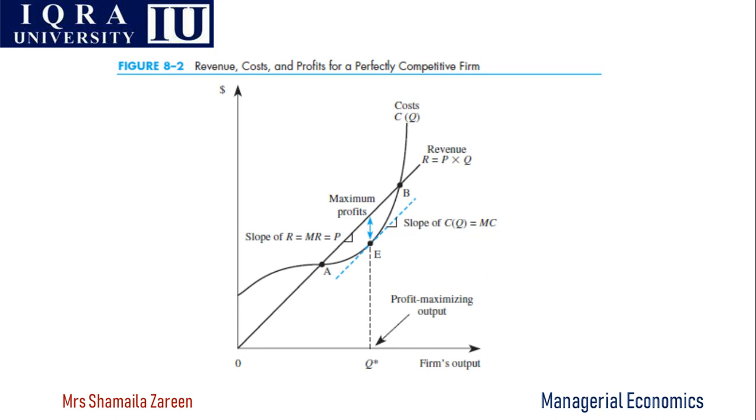Recall that the slope of the cost curve is marginal cost and the slope of the revenue line is marginal revenue. Therefore, the profit maximizing output is the output at which marginal revenue equals marginal cost.